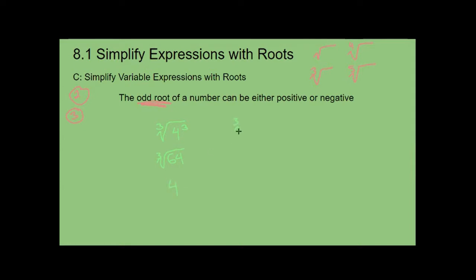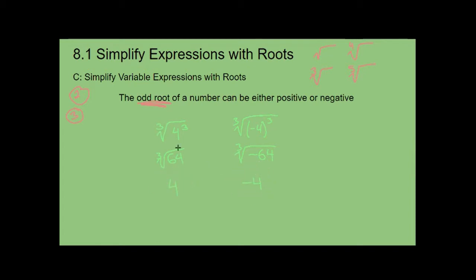If, however, we take the cube root of negative 4 cubed, then that is the cube root of negative 64. And if we did that on a calculator or looked on one of our charts, we would find that the answer is negative 4.